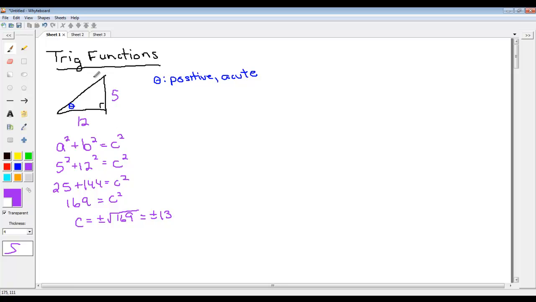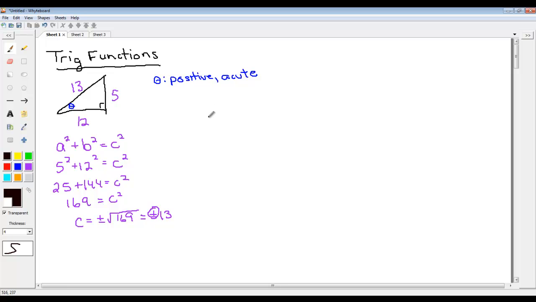But we're dealing with length here, and there's no direction specified, so we can just use the positive 13 for the length. But the Pythagorean theorem is a nice quick way of finding that third missing side. And that third missing side was important for helping us to find the 6 trig functions.